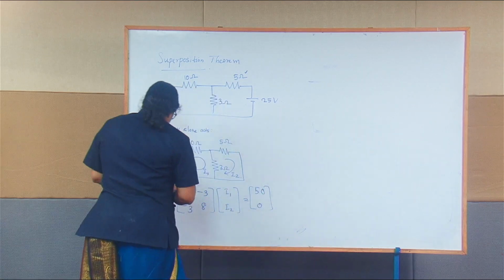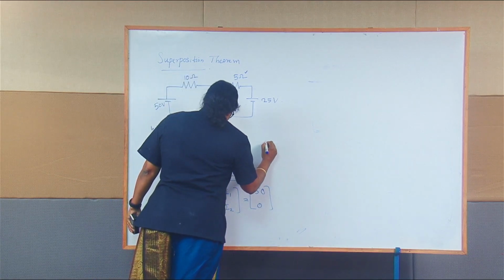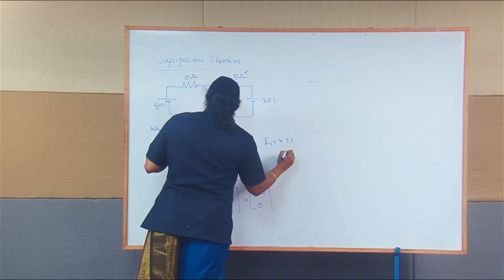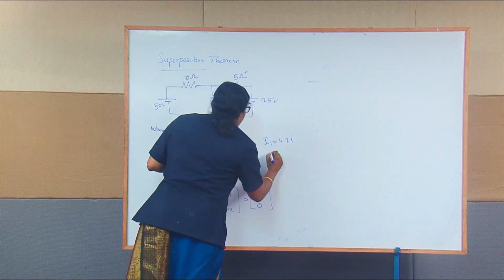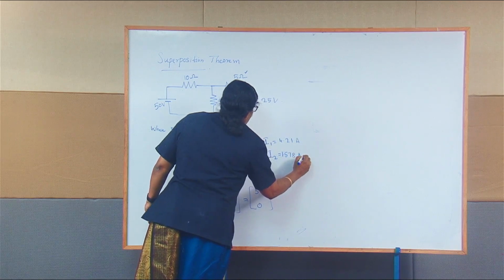Once you solve this equation, you can find that I1 will be equal to 4.21 and I2 you will get as 1.578 amperes.